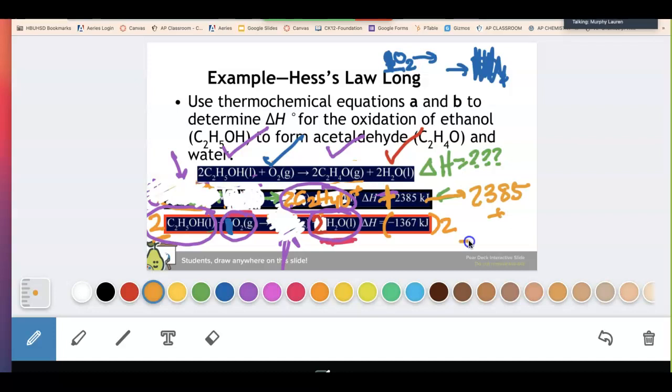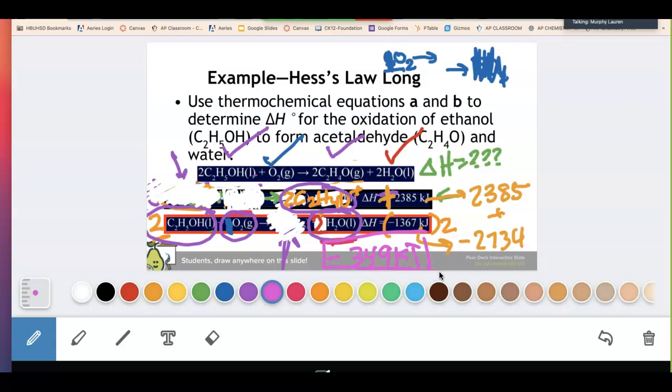So that ends up being negative 2734. That's this number. And then you just add them together. And the number comes out to be negative 349 kilojoules.